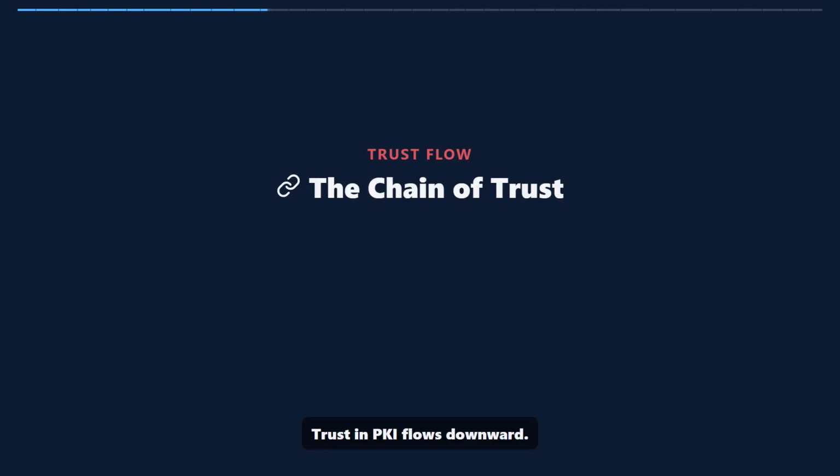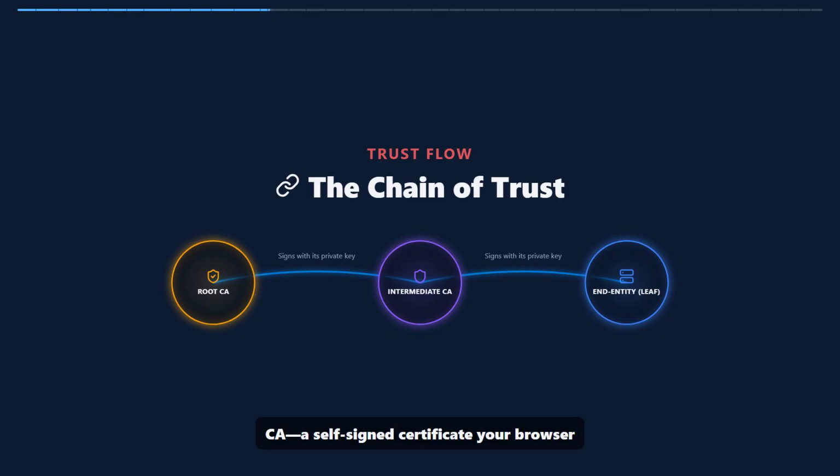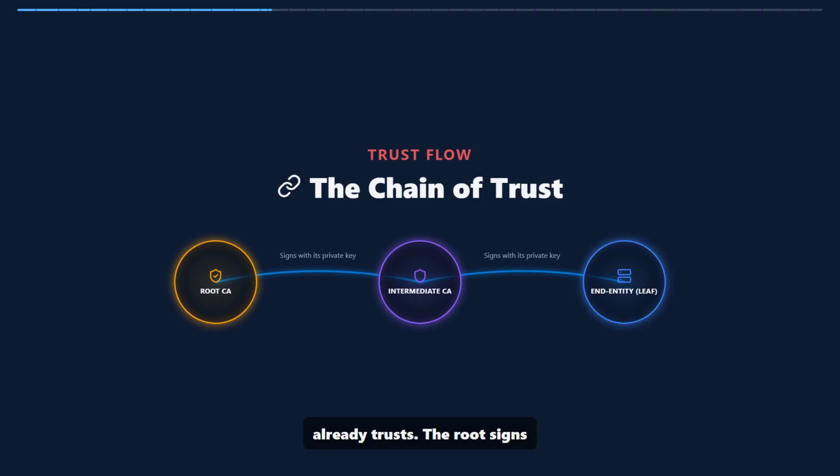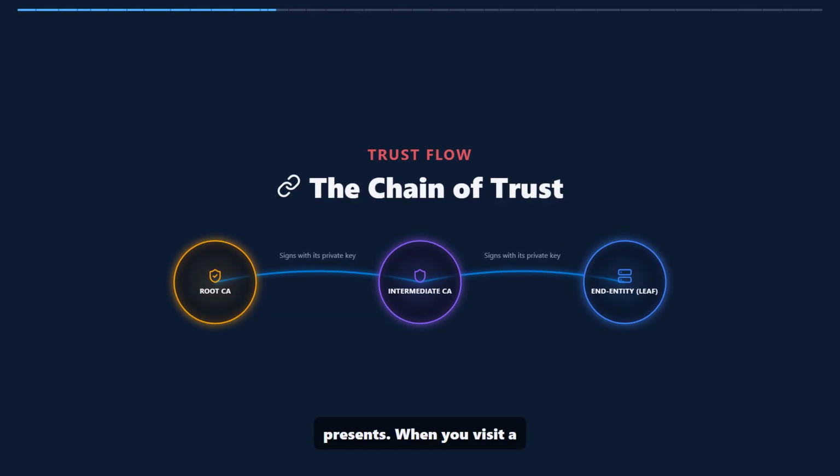Trust in PKI flows downward. At the top, a root CA, a self-signed certificate your browser already trusts. The root signs an intermediate CA, delegating authority. Then the intermediate signs the end entity certificate your web server presents.